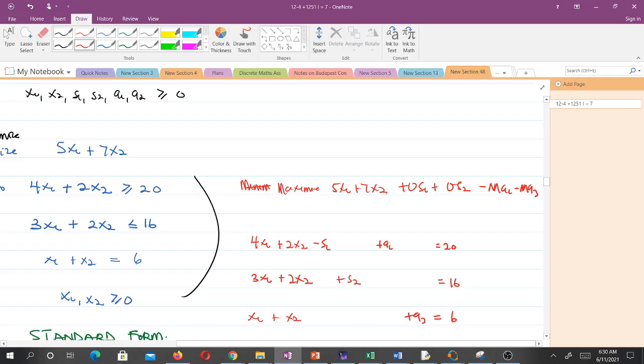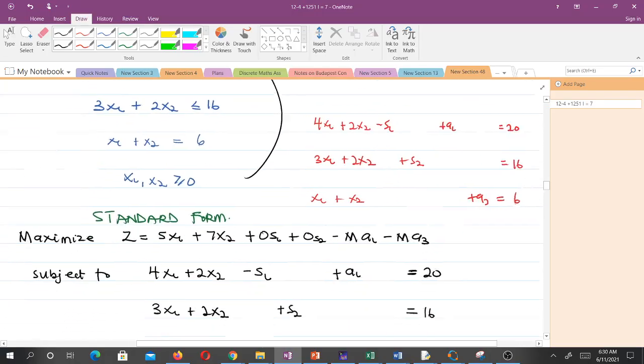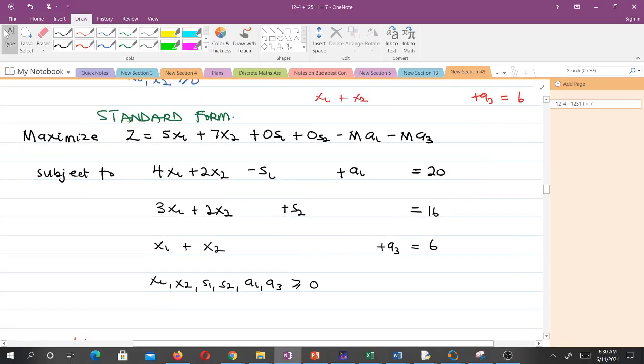Someone will ask, why do we have a1 and a3 and not a2? I'm just trying to match the variables to the first constraint, the second constraint, the third constraint. That's why it is a3 and not a2. And this will be the non-negativity constraint. So in standard form, this is going to be the problem.